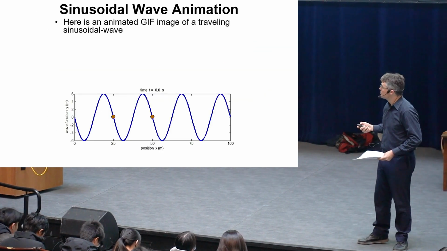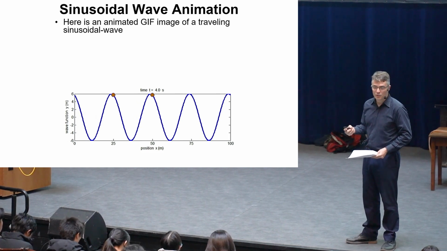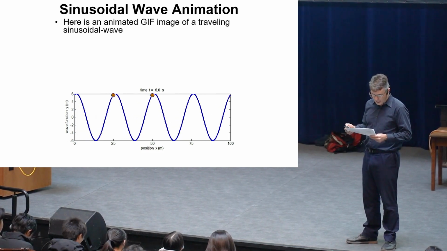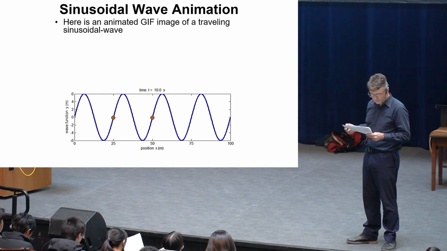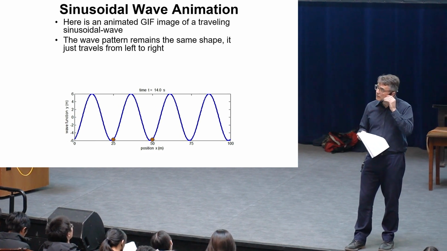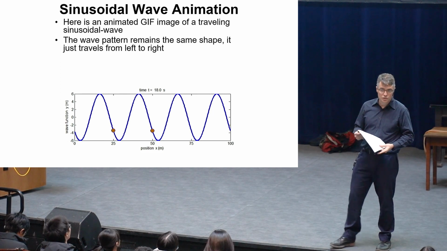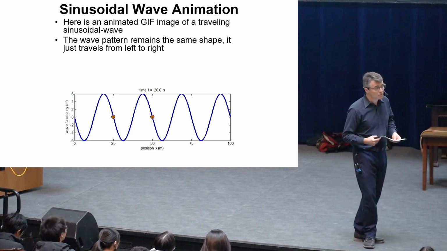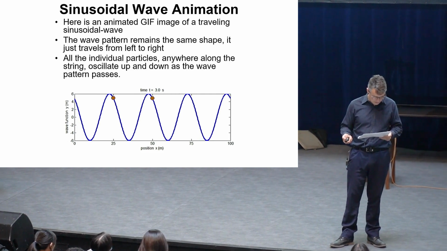So, sinusoidal waves. This is a very slow stop animation of a traveling sinusoidal wave. What I want you to note here is that the shape of the pattern doesn't actually change. It just shifts along from left to right. And at the same time, the particles are just going up and down.